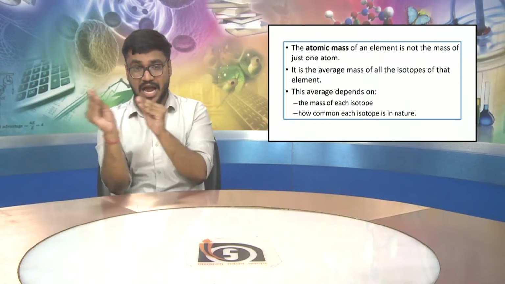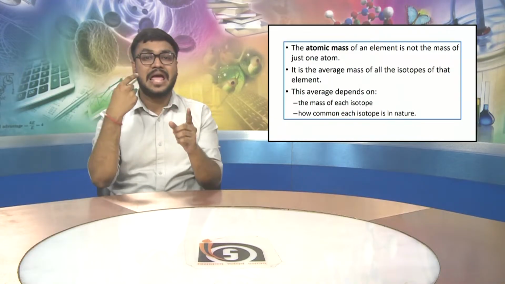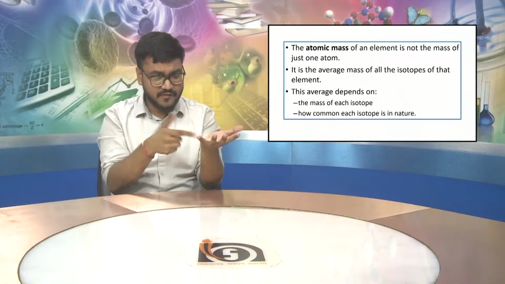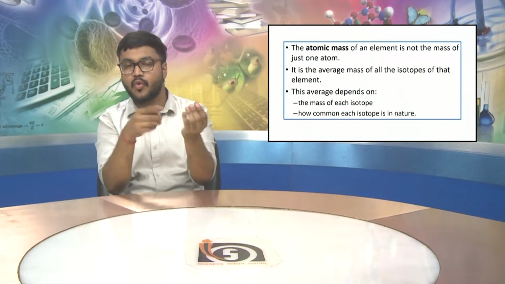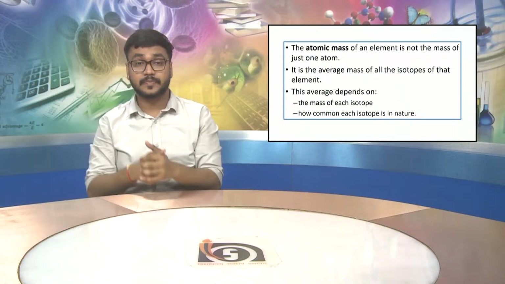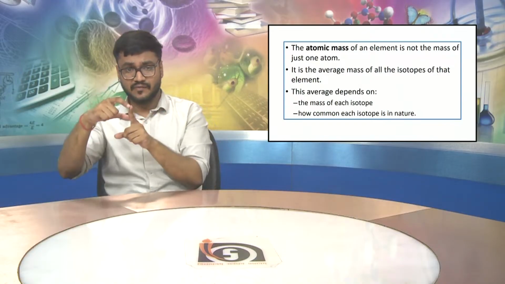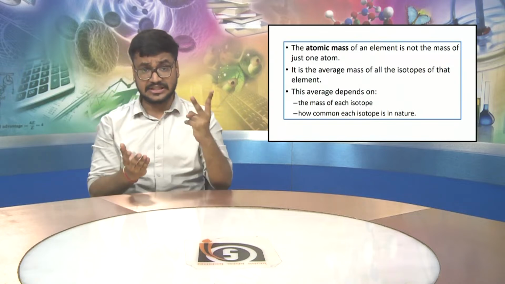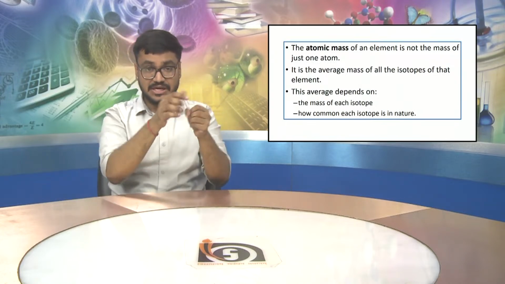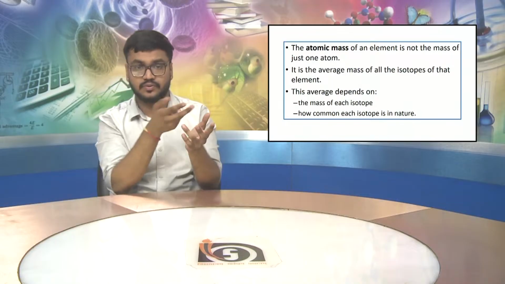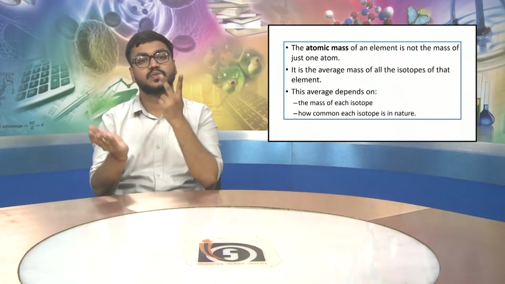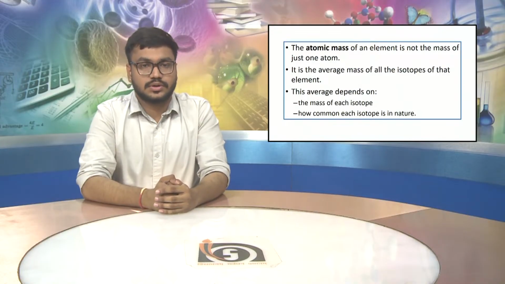It is the average mass of all the isotopes of that element. This average depends on the mass of each isotope, and second, how commonly each isotope is in nature. Let's take a short break.